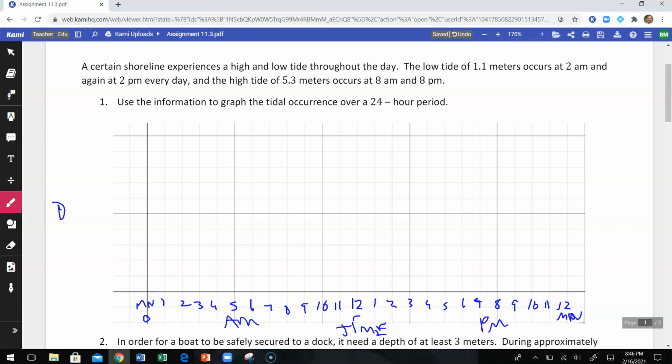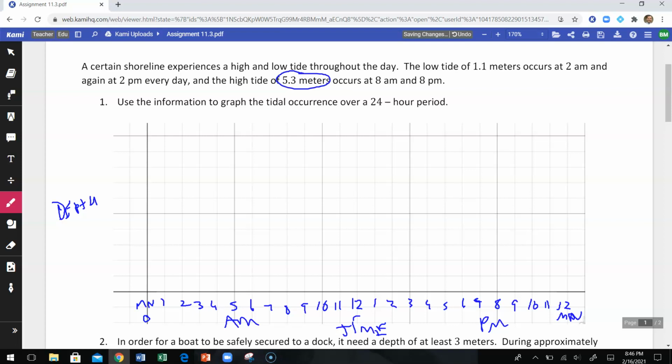And then over here we're going to have our depth, the depth of the water. The high tide is 5.3 meters, so I need to make this include that value. So what I'm going to do is see if I can space this out to where each box is 1 meter. That'll give us enough space here.